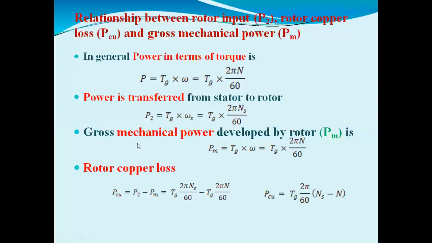The gross mechanical power developed by the rotor, PM, equals TG into omega, that is TG into 2 pi N by 60. So the rotor copper loss, PCU, that is P2 minus PM, is given by TG into 2 pi by 60 into (Ns minus N).